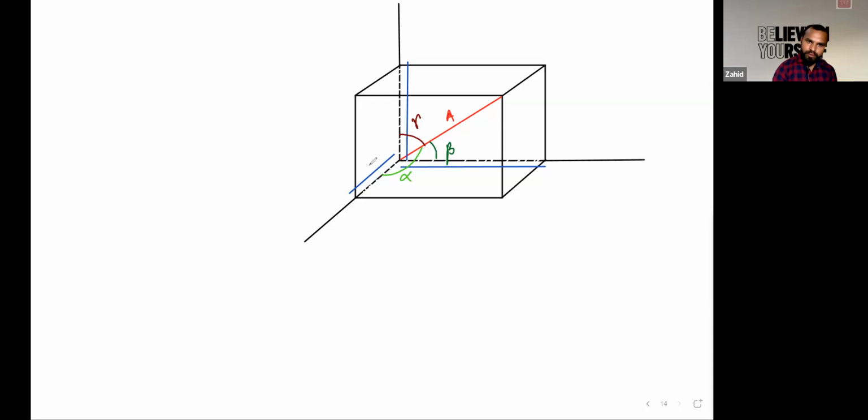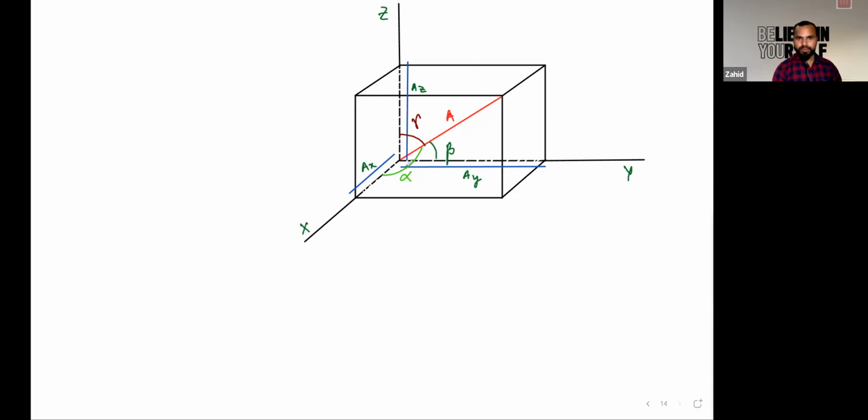So it will have one component along the x-axis as ax, another component along the y-axis as ay, and another component along the z-axis as az.